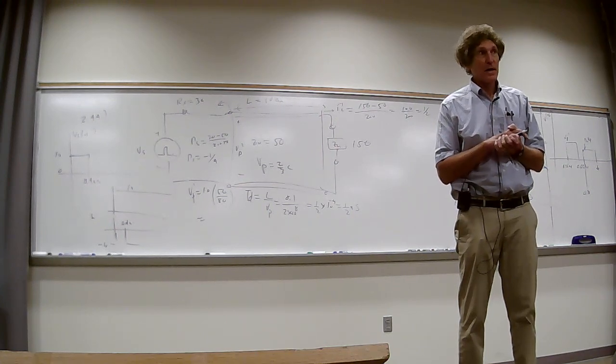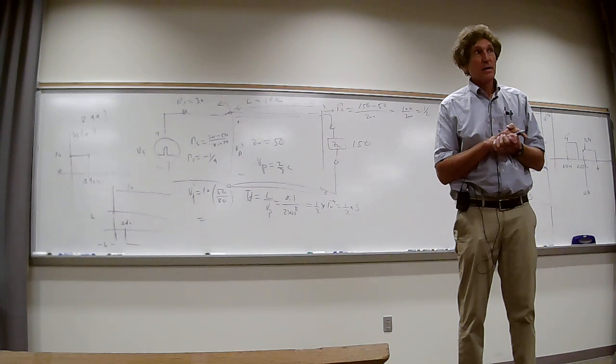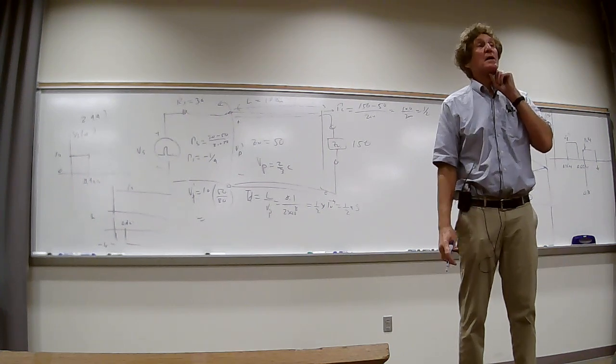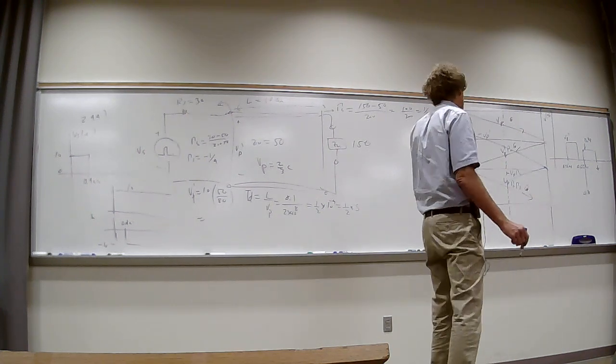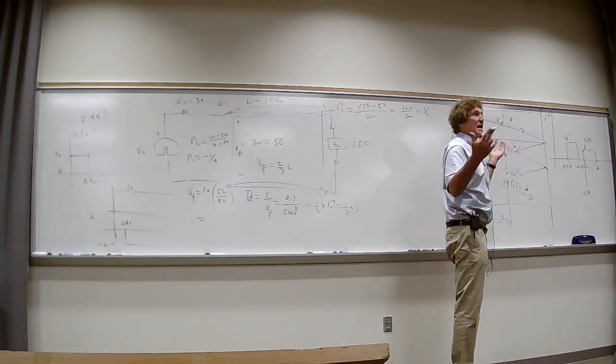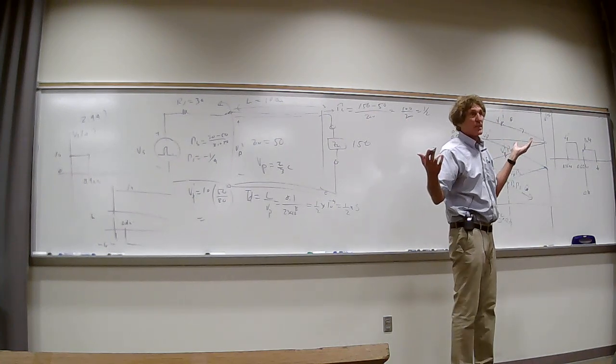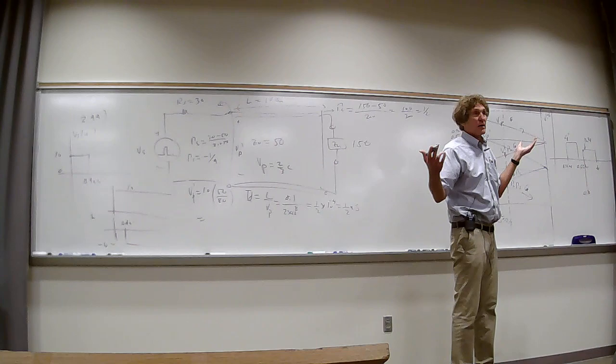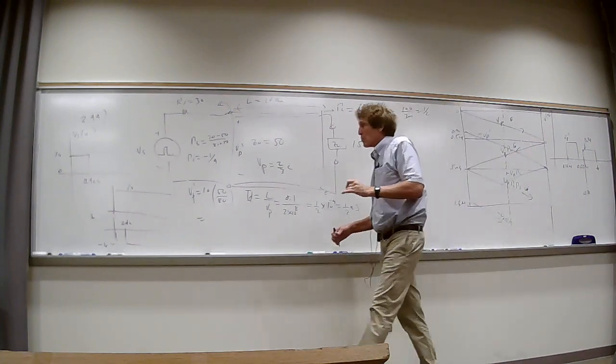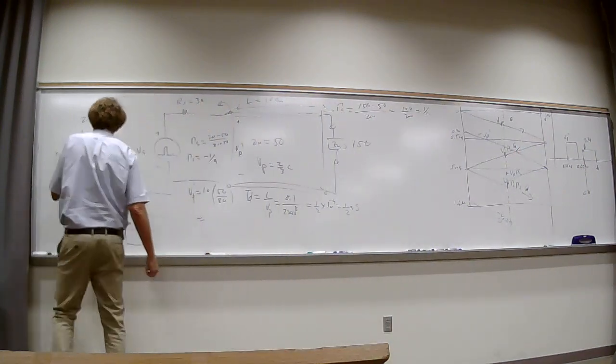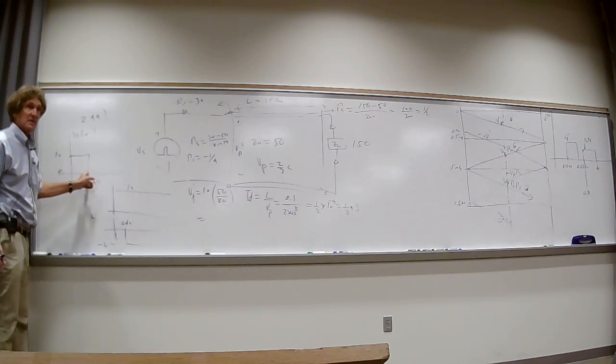Yes, sir. It looks like the formula for the blue line. Say that again. The blue line would be the negative-going one. Each one is always the negative of the other one? Well, in order for this to work, I've got a pulse that's only on for 0.4 nanoseconds, right?